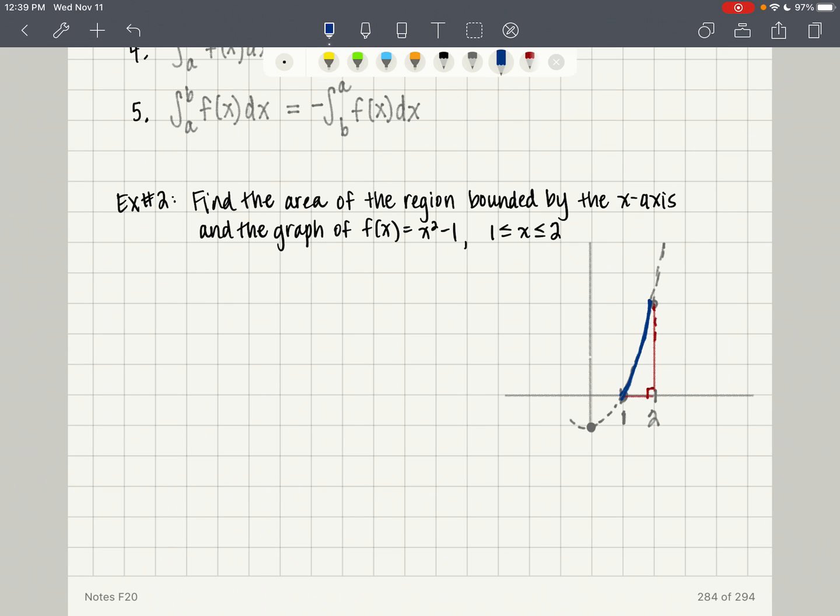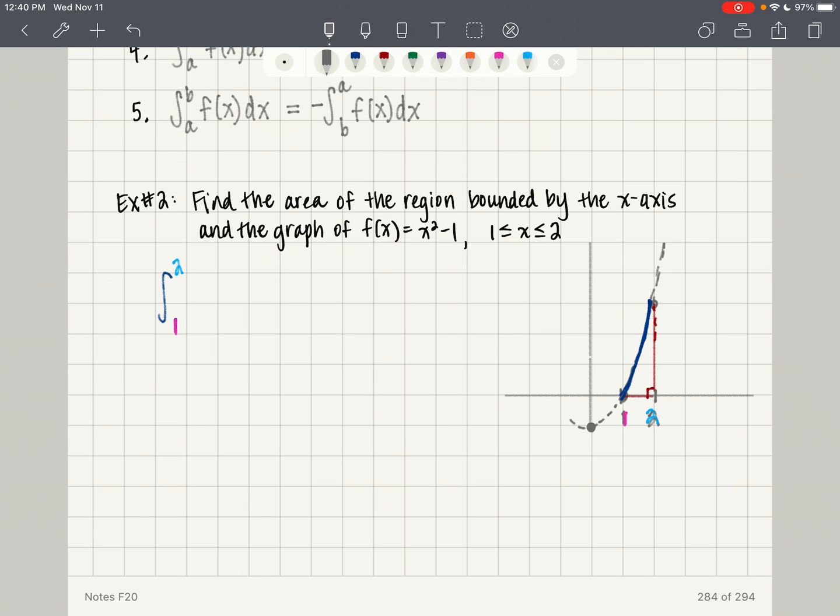So we're going to write our integral evaluated from our lower limit is 1. The upper limit is 2. So your limits of integration are your values along the x-axis where your area is going to start and where it's going to end.